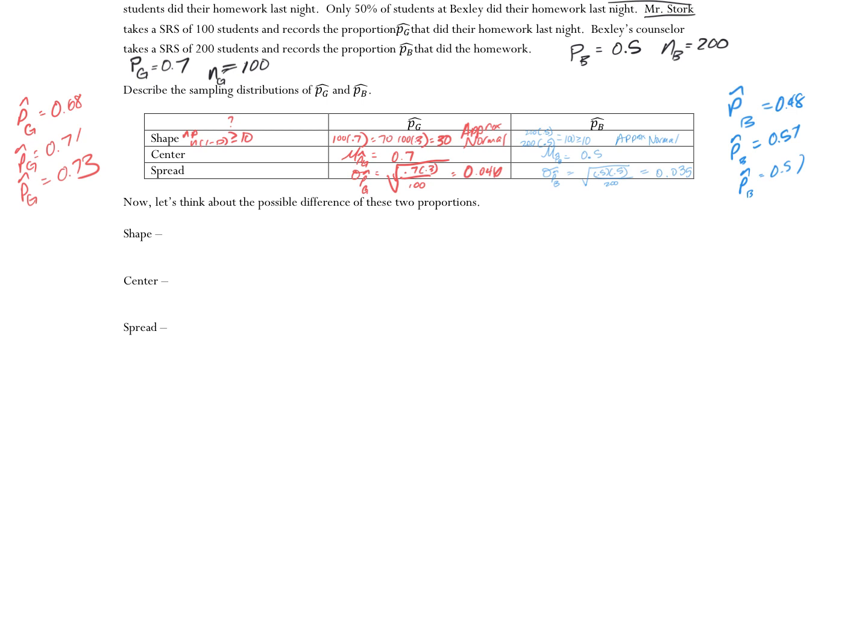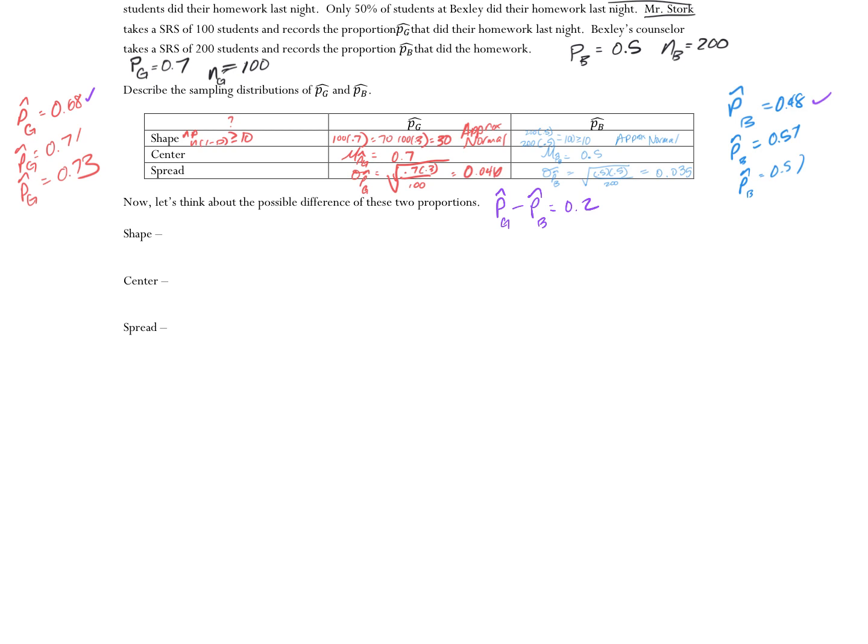Subtraction. So what is a possible difference between my Grandview fraction and my Bexley fraction? Since we came up with possible samples, if Grandview had 68% and Bexley had 48%, what would the difference be? It would be 0.2, yeah?